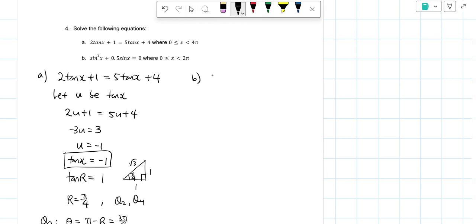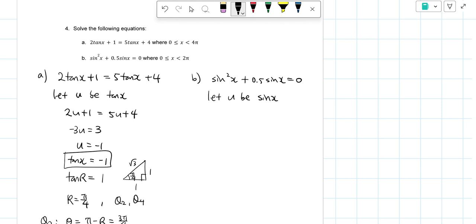Next question. Sine squared of x plus 0.5 sine of x is equal to 0. For this one, it looks complicated. So once again, let's do some substitution. Let u be the sine of x.